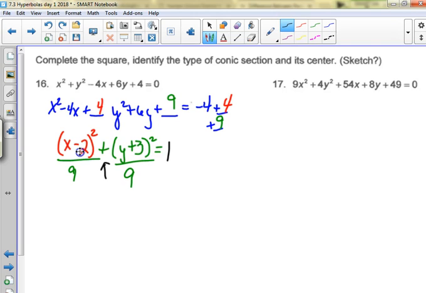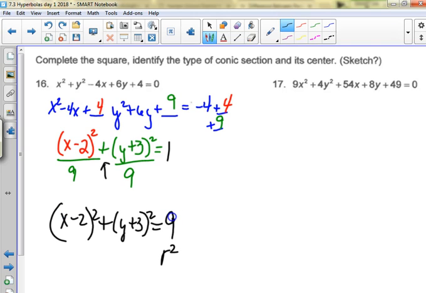Both are squared, so it's not parabola. But it went 3 each way and 3 each way up and down and sideways, right? So it would be a circle. You could have left it in the form we had with x minus 2 squared plus y plus 3 squared equals 9, and this is r squared, right? So it's a circle whose radius is 3 and whose center is at 2, negative 3.